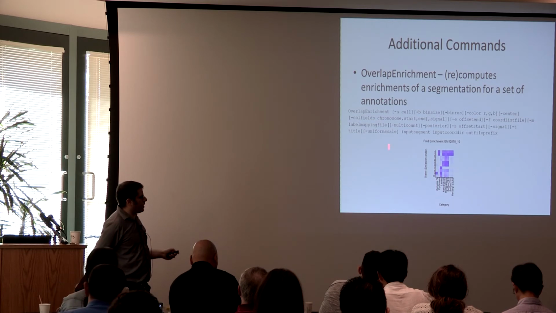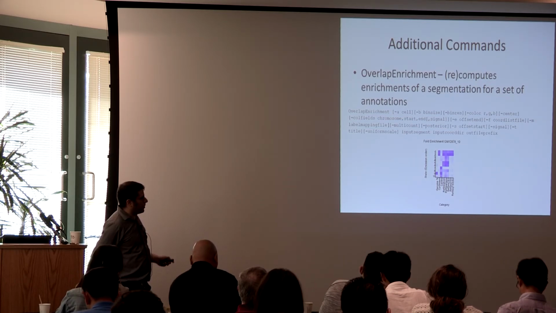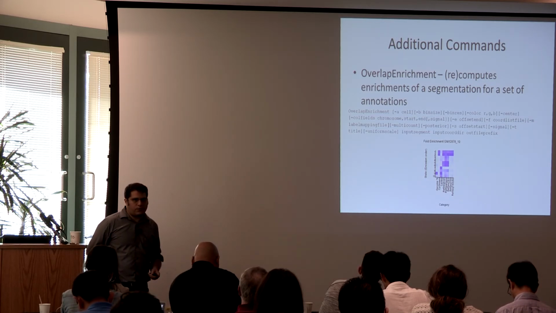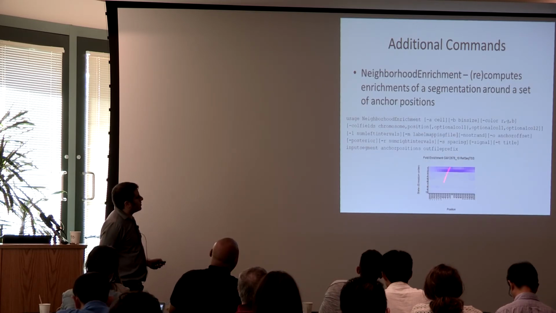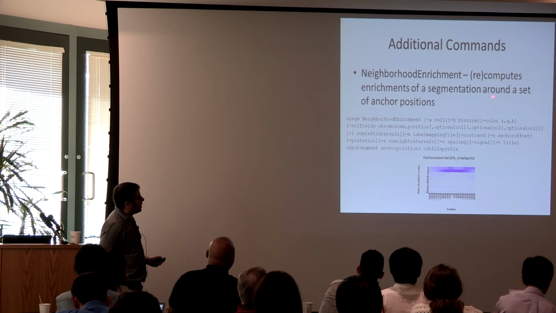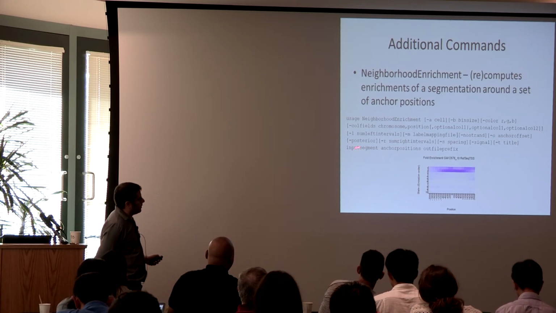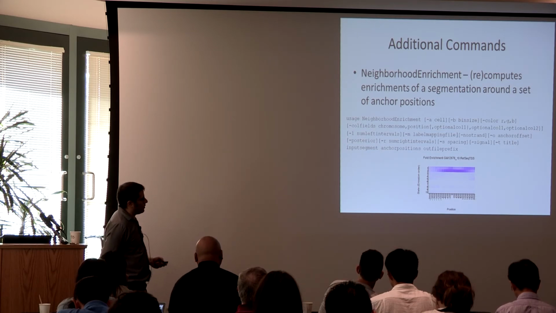So what you can do is just take that 4-column BED file and a directory of the coordinates you're interested in overlapping, and it can regenerate those heat maps and also output them as a text file for you. And you can do something similar with the neighborhood enrichment plot as well. You can decide later that you have a segmentation in terms of the BED files and that you want to recompute some of these based on a new set of positions without relearning the model.